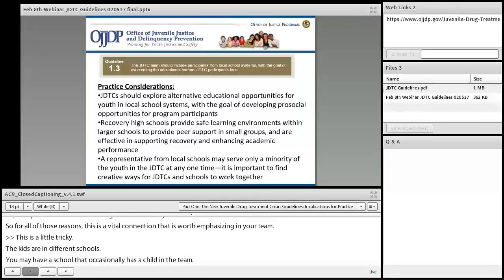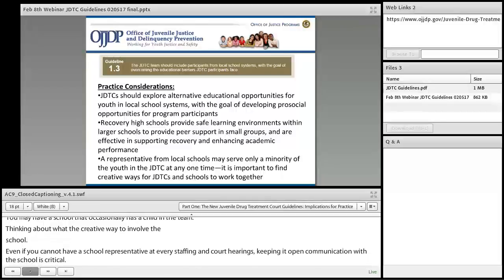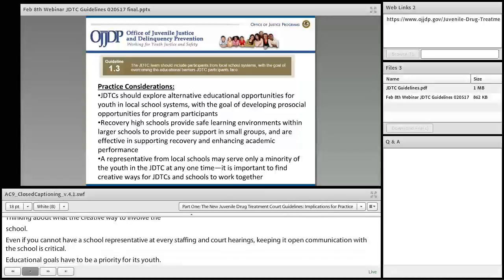Keeping open communication with the school is critical because educational goals have to be a priority for each youth. Look at tracking their progress, school attendance, keeping up with homework, staying out of trouble in school, all the things that contribute to educational success.